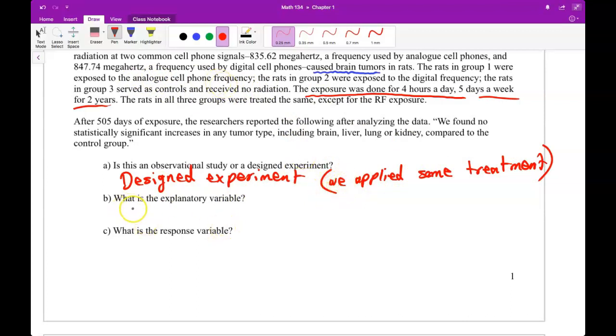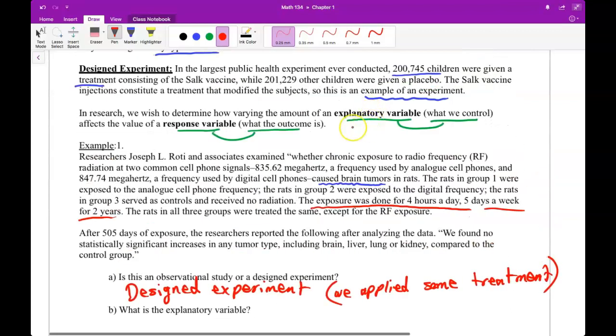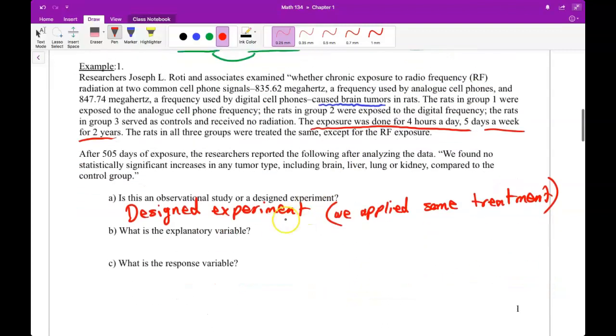Okay. What is the explanatory variable? Here the explanatory variable is what we control.